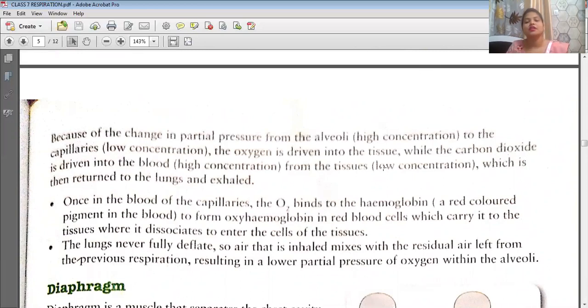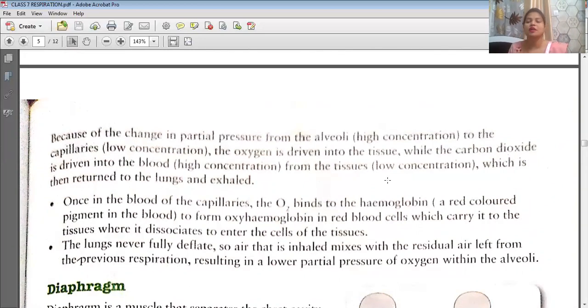Now the oxygen which we are inhaling goes further into the tissues present in the body. After oxygen has reached the tissues, carbon dioxide comes out from the tissue and goes into the blood. The tissue was a region of low concentration and the blood is a region of high concentration.